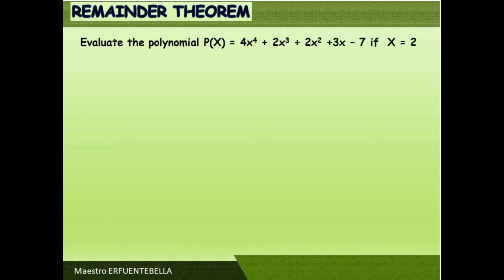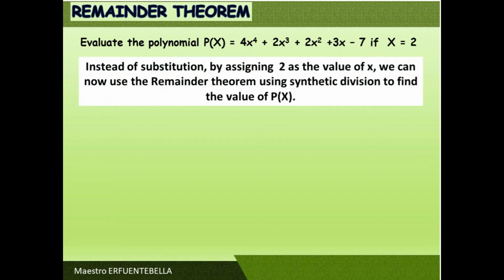For example, evaluate the polynomial p of x equals 4x to the 4th power plus 2x cubed plus 2x squared plus 3x minus 7 if the value of x is equal to 2. So instead of substitution, by assigning 2 as the value of x, we can now use the remainder theorem, using synthetic division to find the value of p of x, where x is equal to 2.